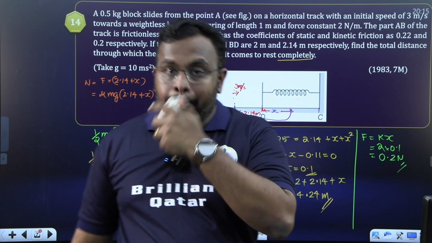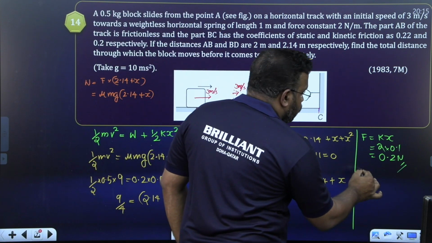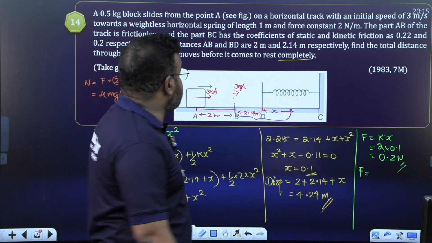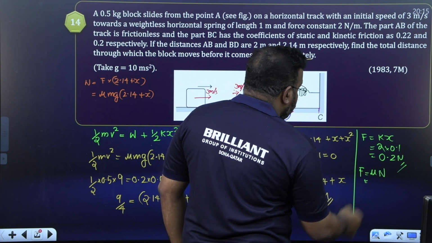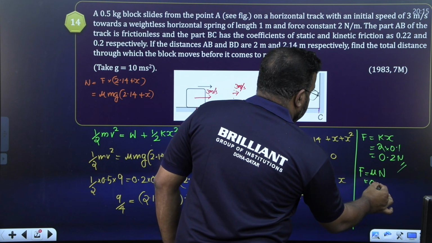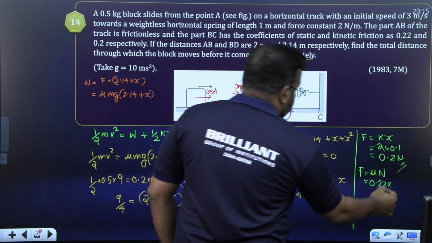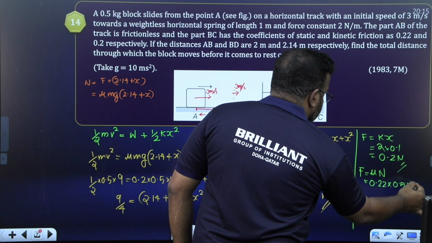Yes or no? Yeah. Now let me simply calculate the static friction. Static friction value F is equal to mu N. So mu is given as 0.22. 0.22 into mg. Mass is how much? 0.5 into g is 10.